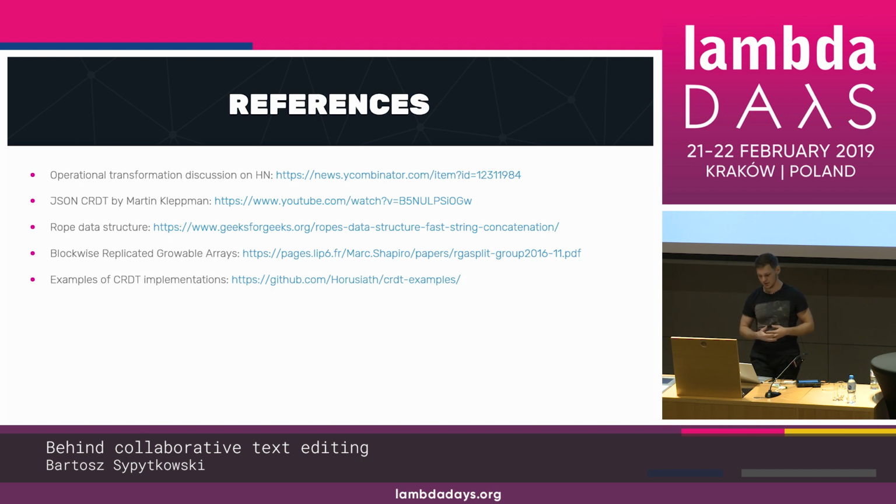And I think it's great, actually. Then a link to the raw data structure and a link to the official paper about block-wise replicated growable arrays. And the last one is my GitHub repository where I'm playing with various implementations of CRDTs, including block-wise replicated growable arrays in F#. So, thanks.